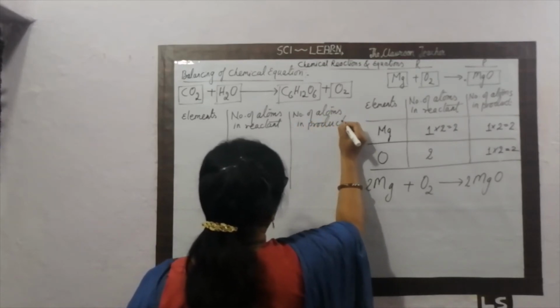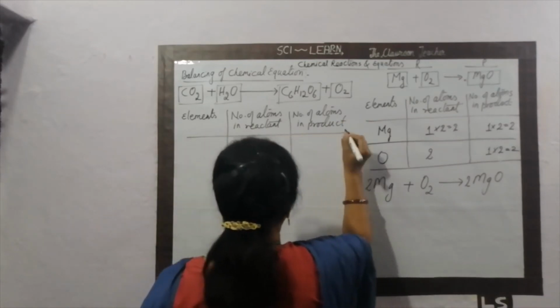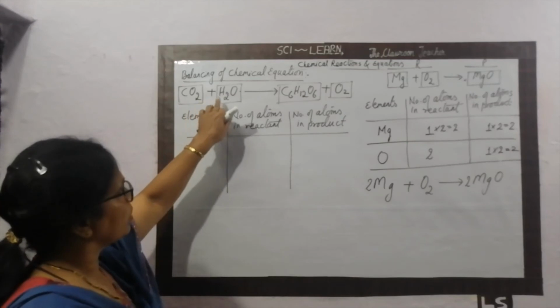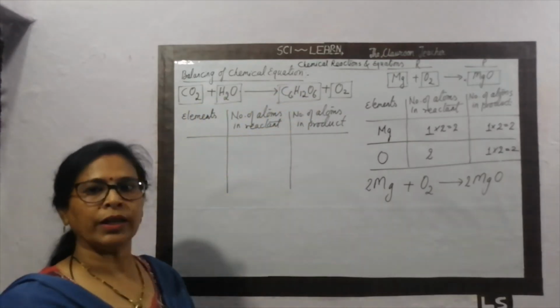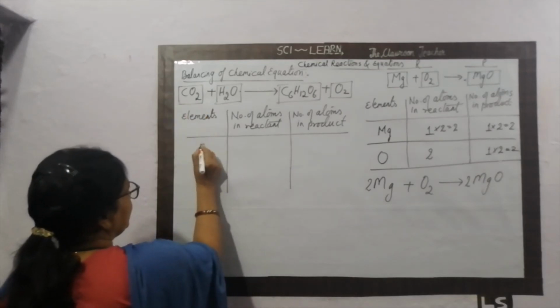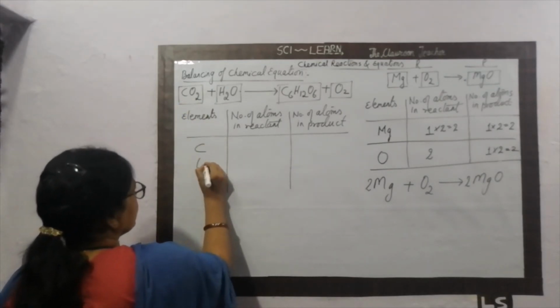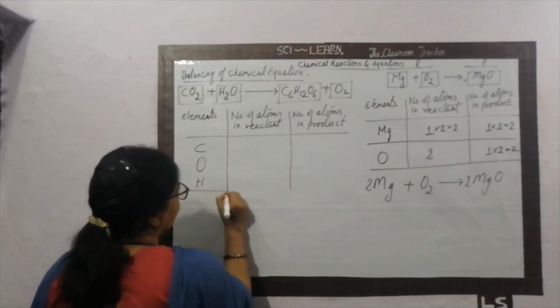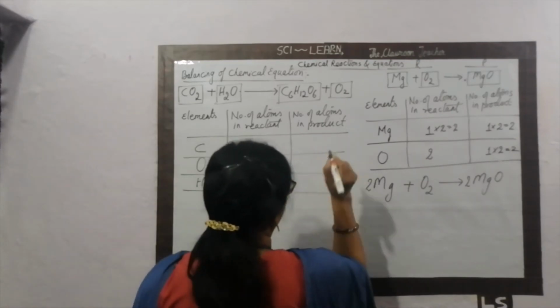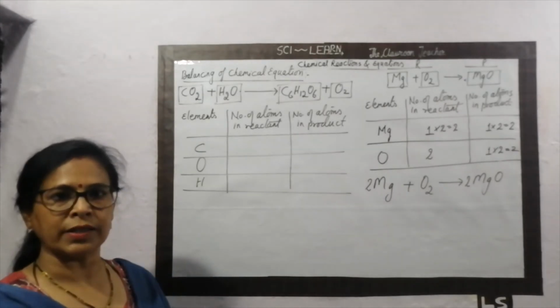Now you will know what is reactant and what is product. The substance which is present before the arrow is reactant, and after the arrow, that is the product. Now whatever elements are present here, first is the carbon, second is the oxygen, and third is the hydrogen. Only 3 are here. Okay, 3 elements are here: carbon, oxygen, and hydrogen.